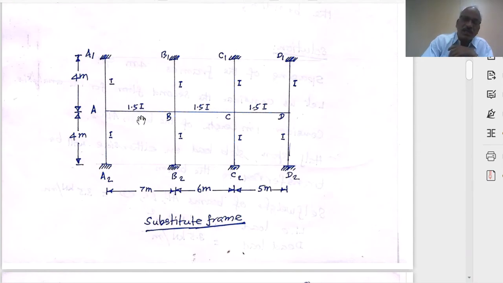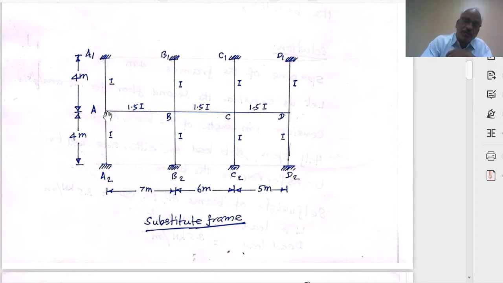Now there are 4 joints in this problem: joint A, joint B, C and D. For all these 4 joints, we have to find out the distribution factors. Here, the relative stiffness, when the far end is fixed or whether the far end is continuous, is I by L. When we consider joint A, there are 3 members.